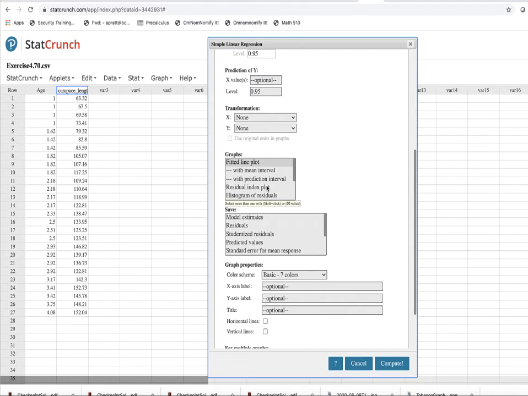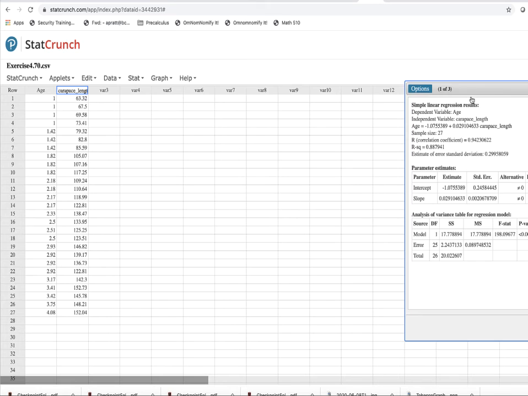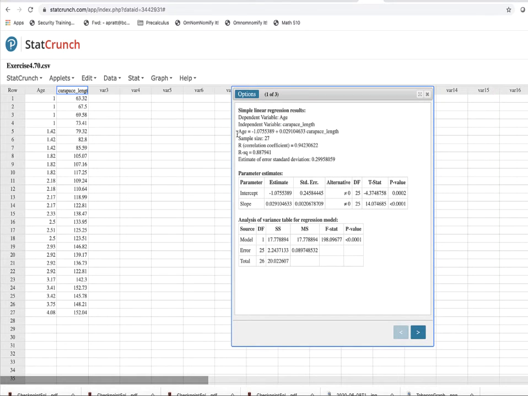Now, we want to get our fitted line plot and our residual versus X values. We will need that, so hit either Shift or the Command key. We're not going to be looking at the actual residuals and predicted values, so we don't have to save those unless you want to. When you click Compute, you have all of this information for us.